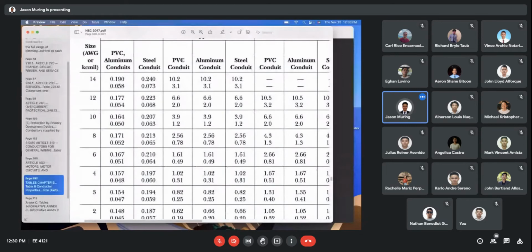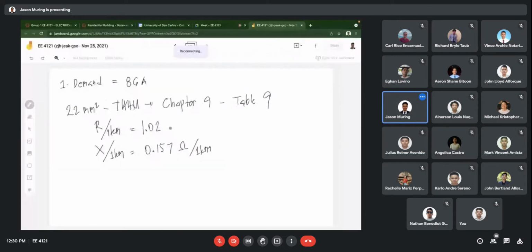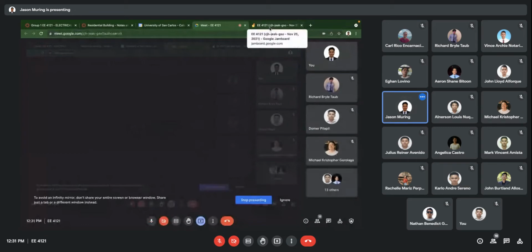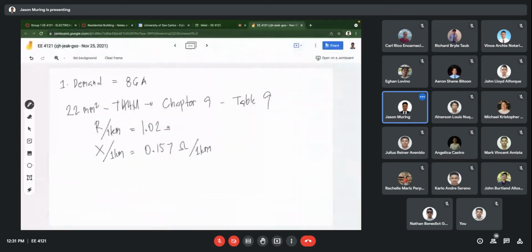Then number four, so this is 1.02 ohm per 1 kilometer.